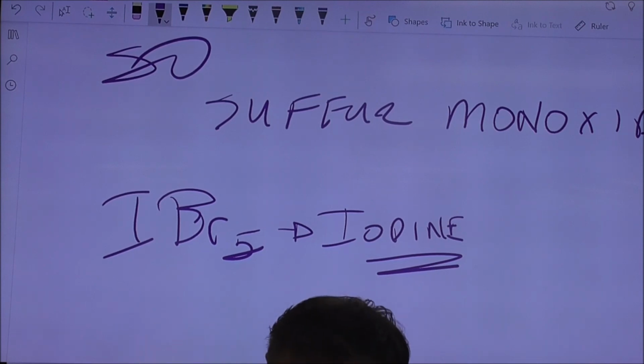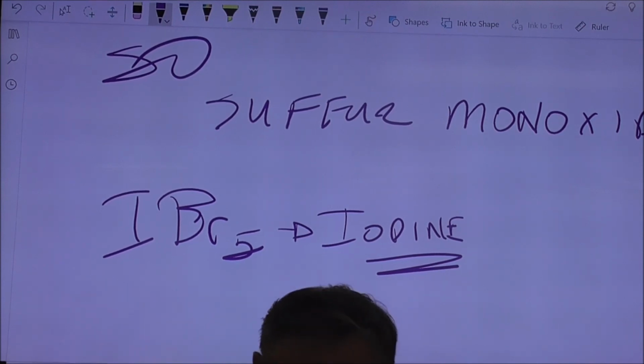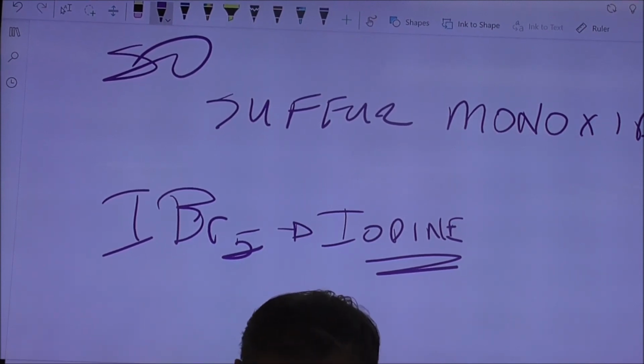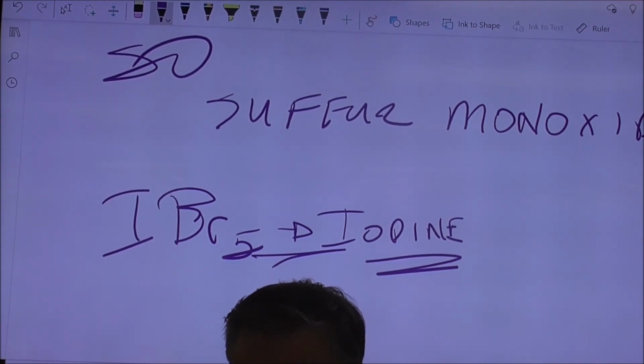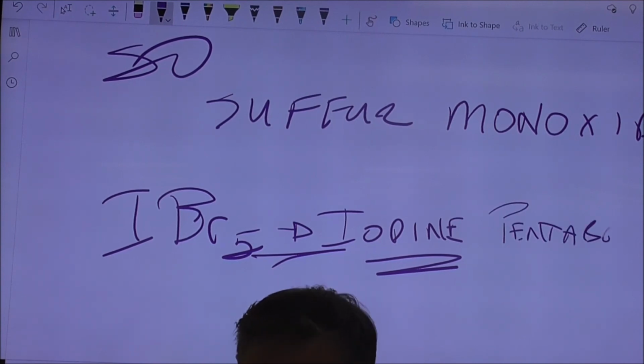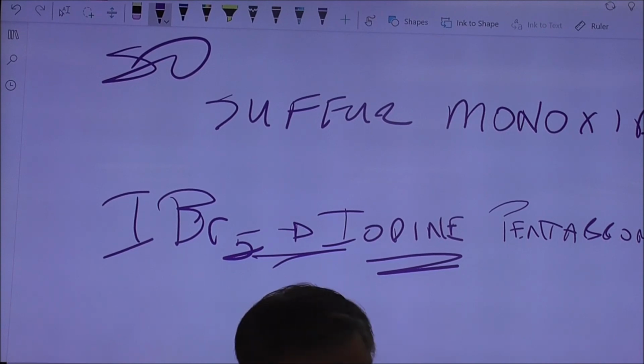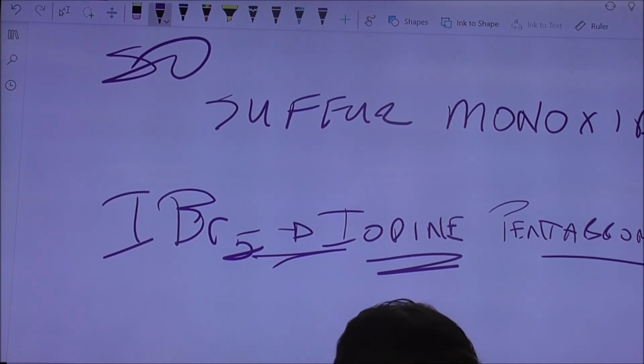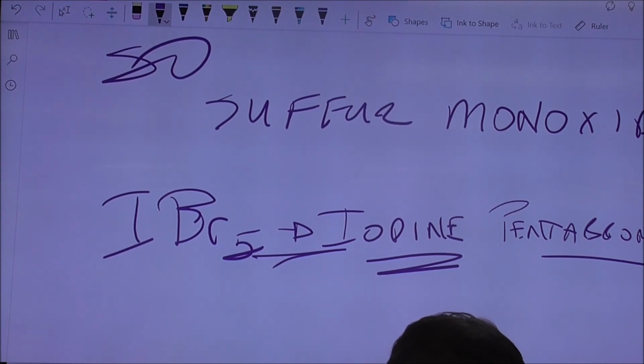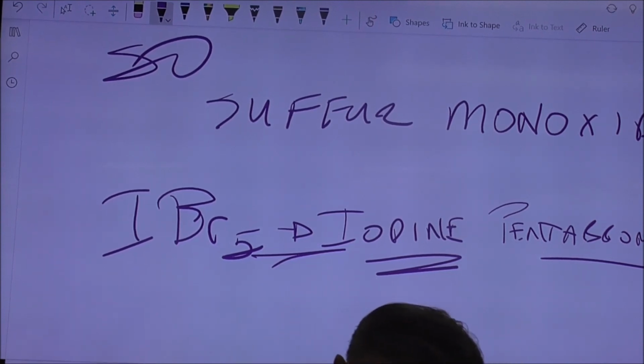So what's the prefix for 5? Penta. So this would be iodine pentabromide. Go with that one. Okay? Notice that there's no oxidation states, there's no Roman numerals. You just use prefixes.